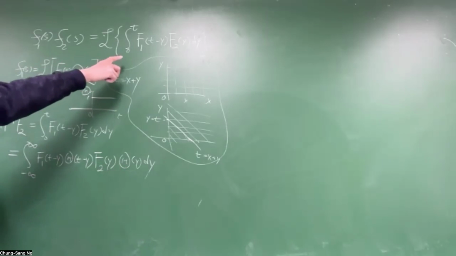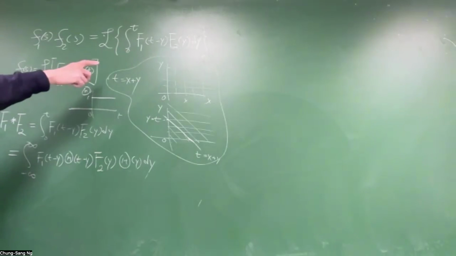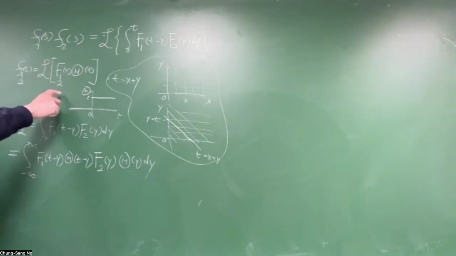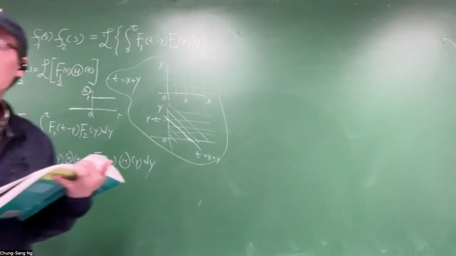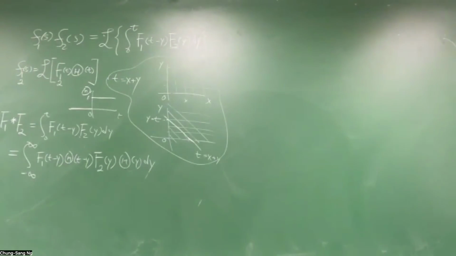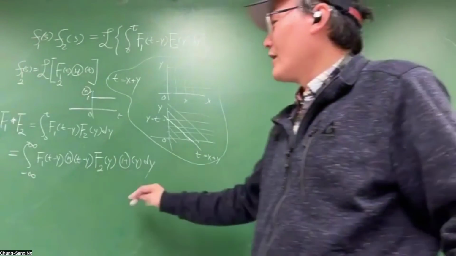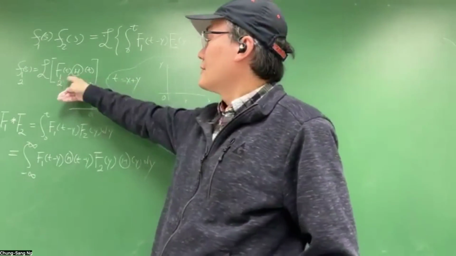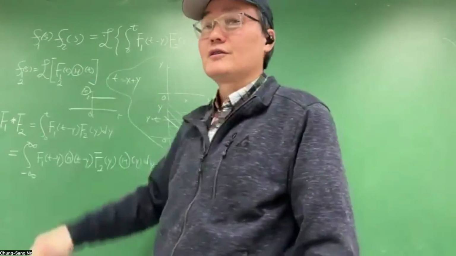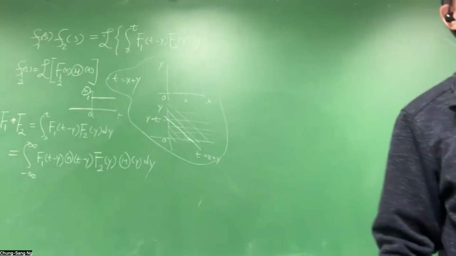So you multiply with the respective step functions, just redefine your f sub 1 and f sub 2, the functions in the time domain. Then you have the explicit step function and can integrate over an unlimited range of the integration variable. It's effectively the same. Is that okay? So the Fourier convolution and the Laplace convolution can be made very similar if you include the step function in the definition of your original function.